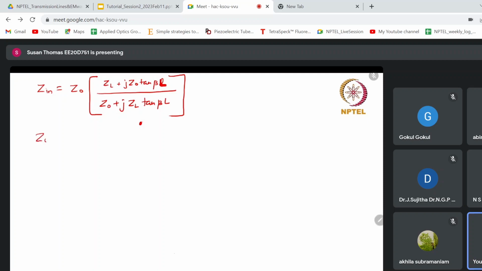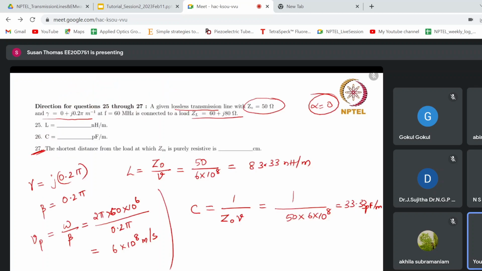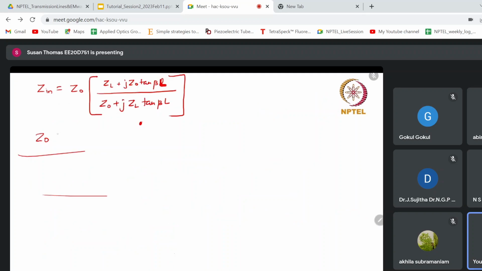So what is Z0 here? Z0 is 50. What is ZL here? ZL is 60 plus j80 if you look at the question.